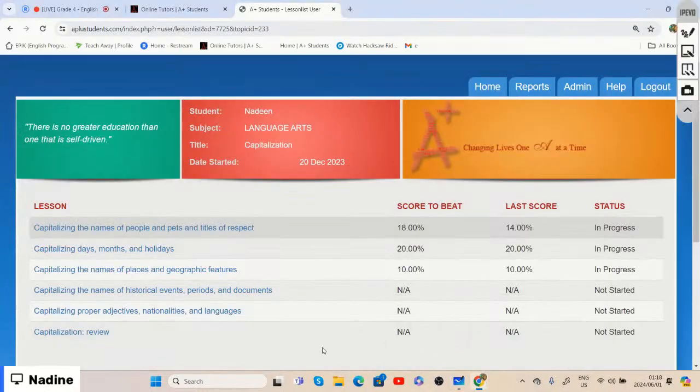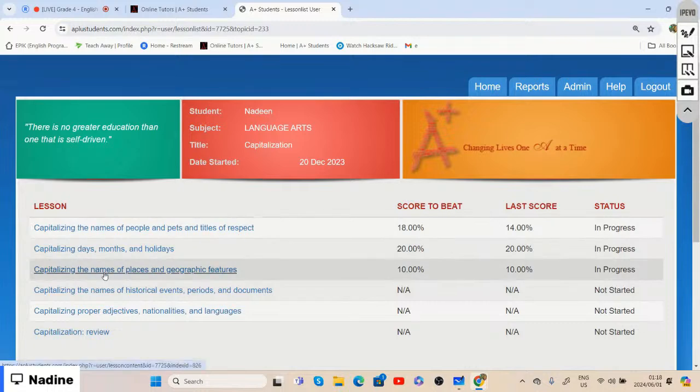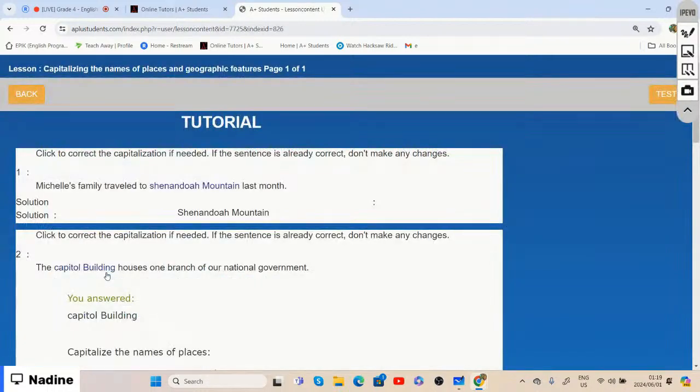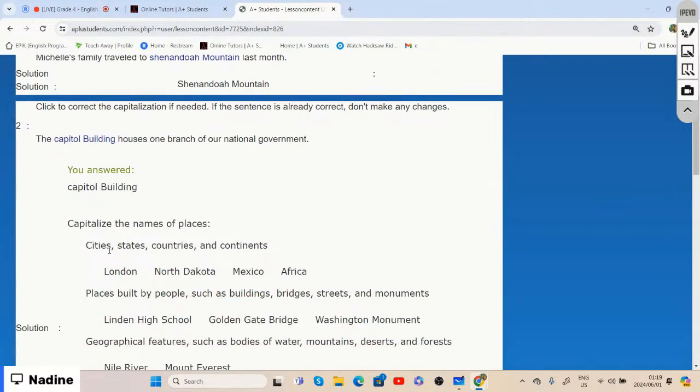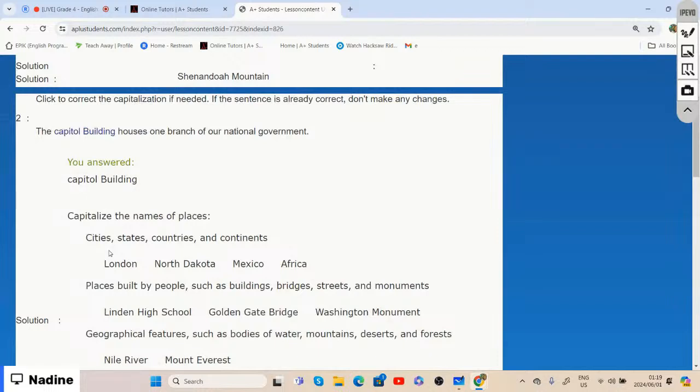All right, so now we're going to aplusstudents.ca, and then we're going to our lesson, which is capitalizing the names of places and geographical features. So we need to capitalize the names of places, and we made a few examples of London, North Dakota, Mexico, Africa.